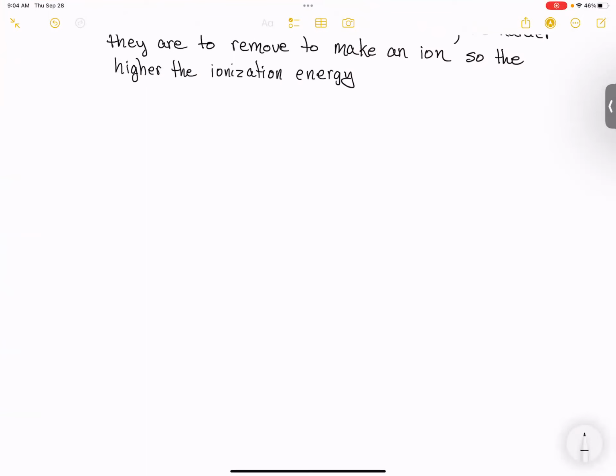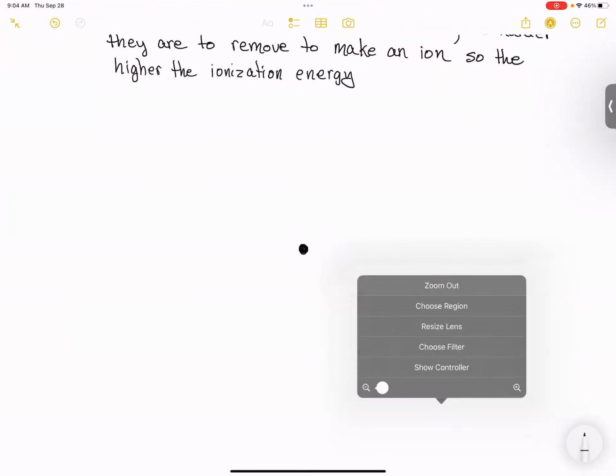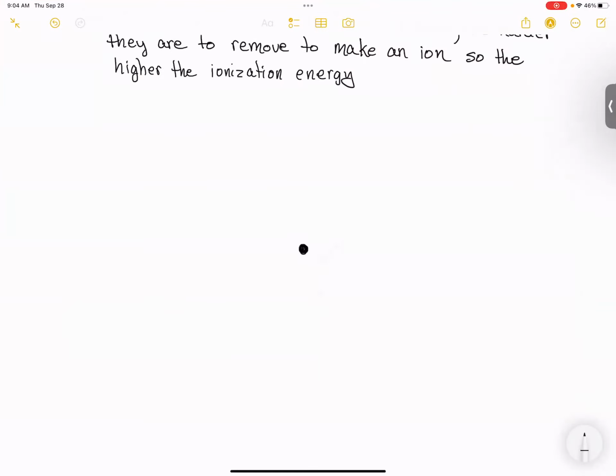So for sodium, here's your nucleus. And in the first shell, you have 2 electrons. In the second shell, you have 8 of them.